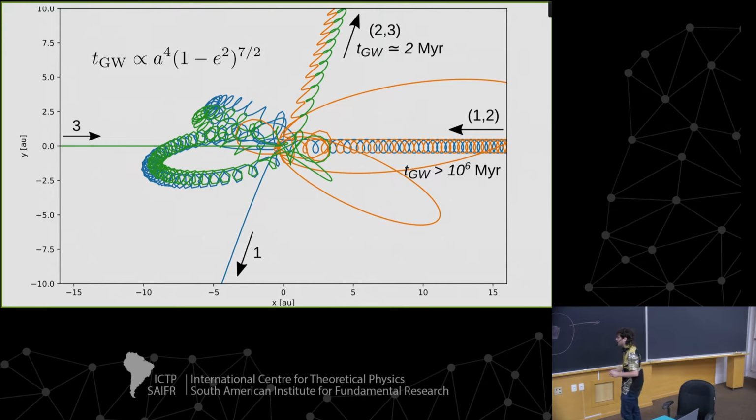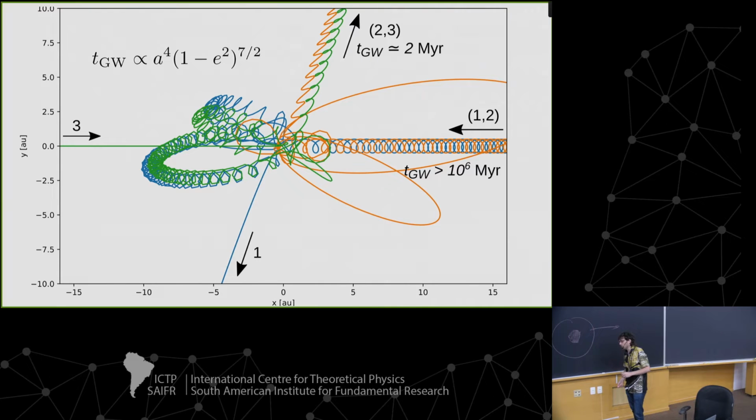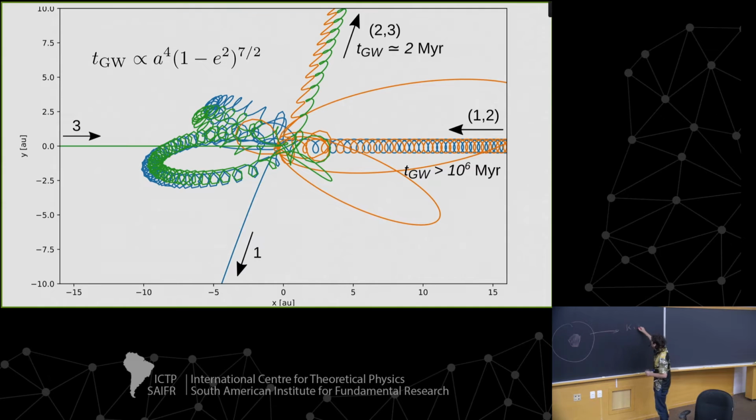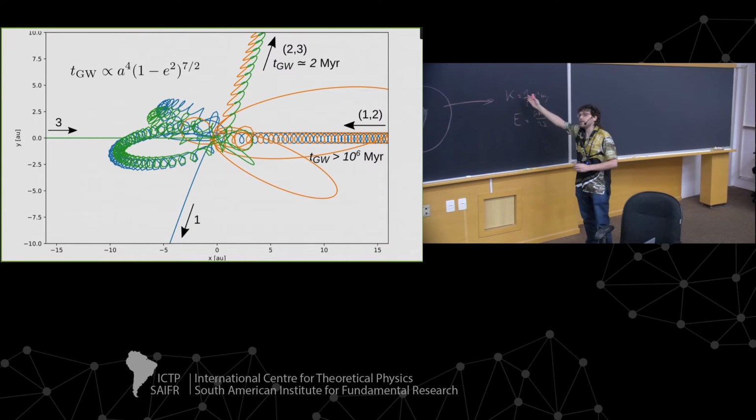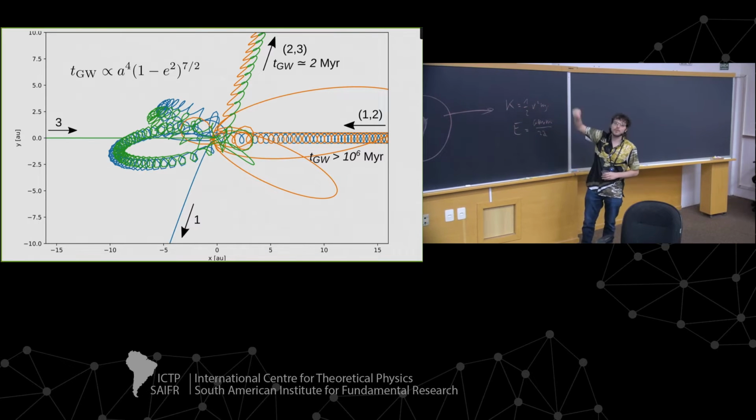There is a statistical law called Heggie's law that says that if the kinetic energy of the incoming single, let's say this is the incoming single on the left, is lower than the binding energy of the binary, which is positive, G m1 m2 divided by 2a, then your binary will shrink on average.